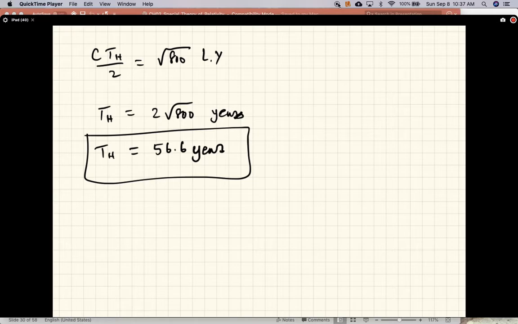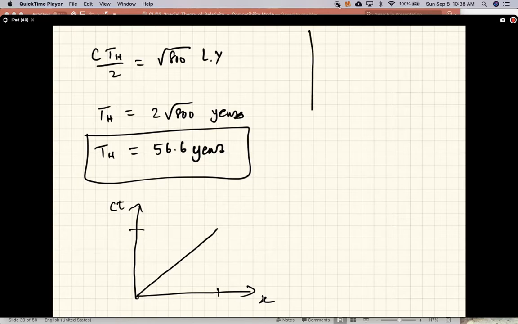Now let's calculate the speed at which the astronauts went. Here was the track, and here's time passing on Earth. The slope of this line is v. The distance the astronauts traveled was 20 light years.